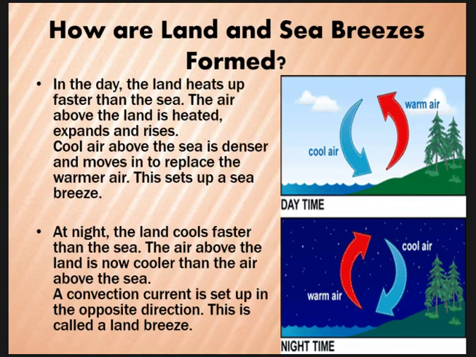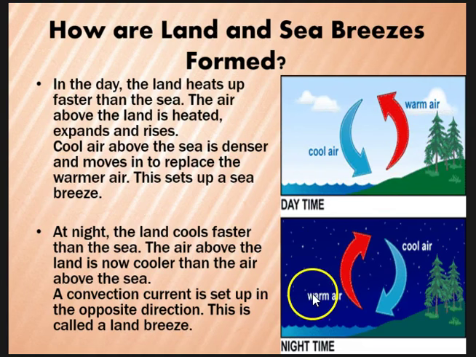In the daytime, the land heats up faster than the sea. The air above the land is therefore heated, expands and rises because it is less dense. Cooler air above the sea, which is denser, moves inwards towards the land to replace the warmer air that has moved upwards. This sets up a breeze which we call the sea breeze, because the cool air is coming in from the sea.